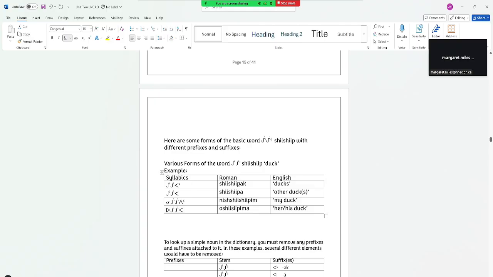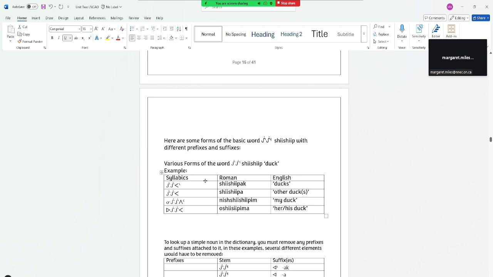The ak at the end is more than one. Shishibak, ducks. So for just one duck, shishib is duck. Shishibak, ducks. Shishiba, other ducks. Nishishibim, my duck. Ushishibima, her or his duck.